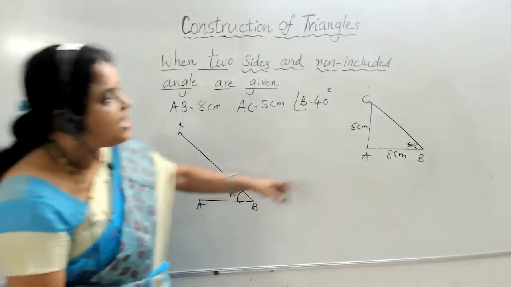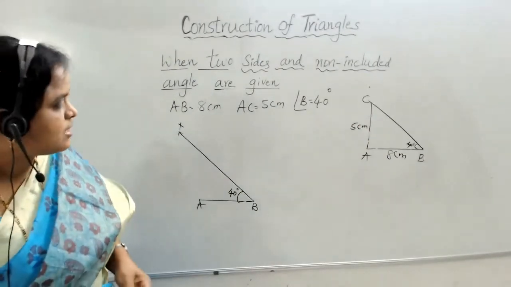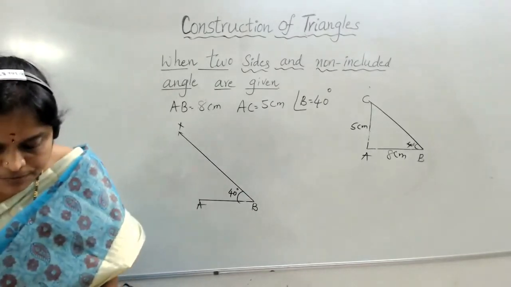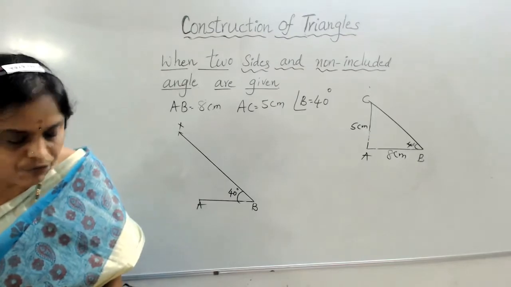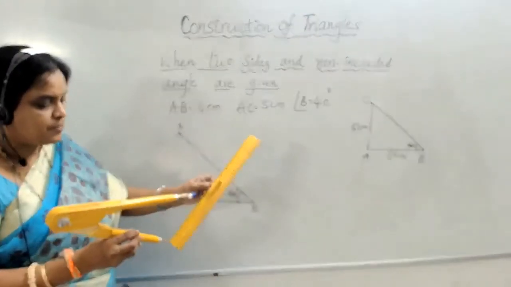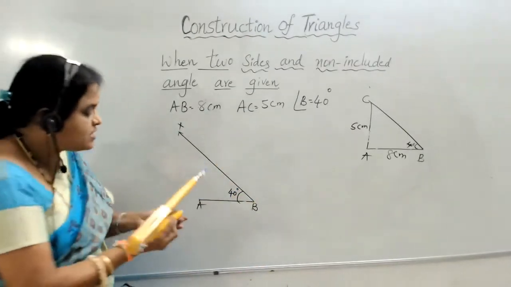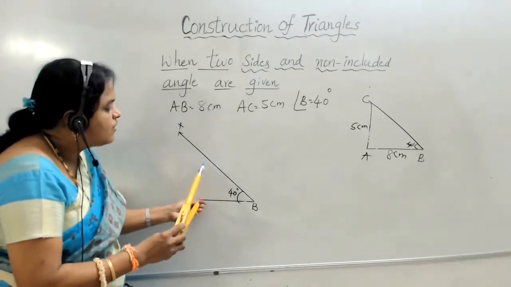And what is the length of AC? The length of AC is 5 centimeters. So take a radius of 5 centimeters, place it at A and draw an arc.